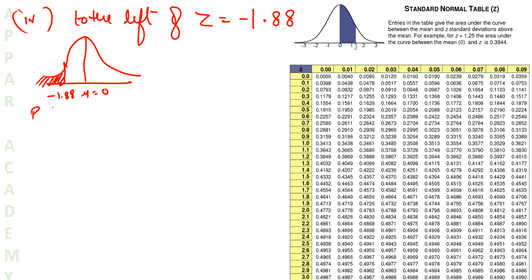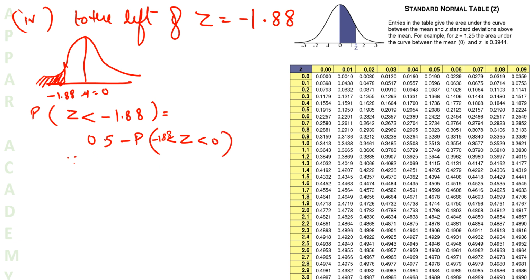So if we want to find the probability that z is less than minus 1.88, in order to find this, can I say this is equal to 0.5 minus the probability that z lies between minus 1.88 and 0, right?